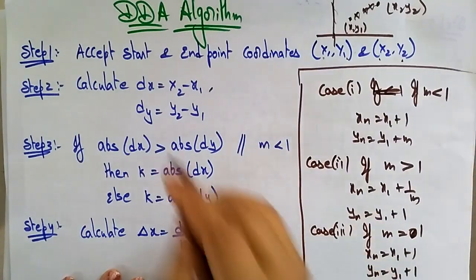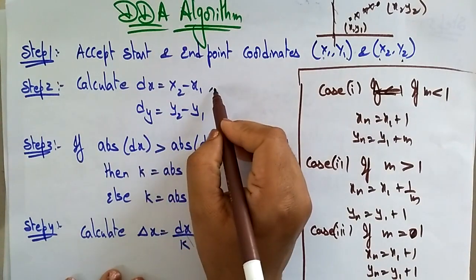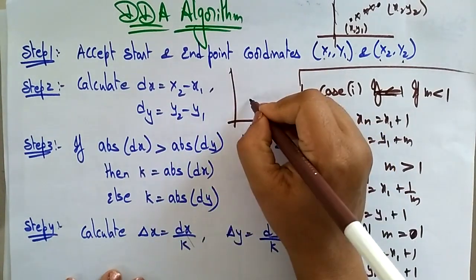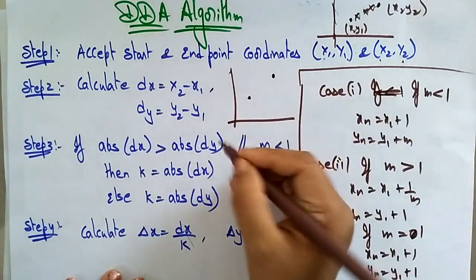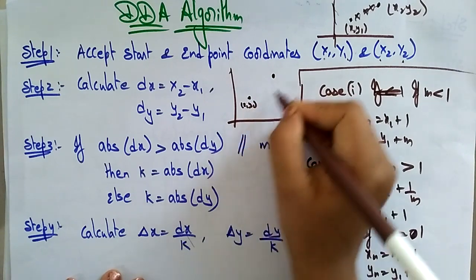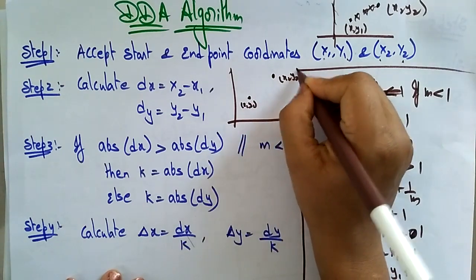Now start. Calculate dx, that is x2 minus x1, and dy, y2 minus y1. Let us take this starting point x1 y1 and the end point x2 y2.